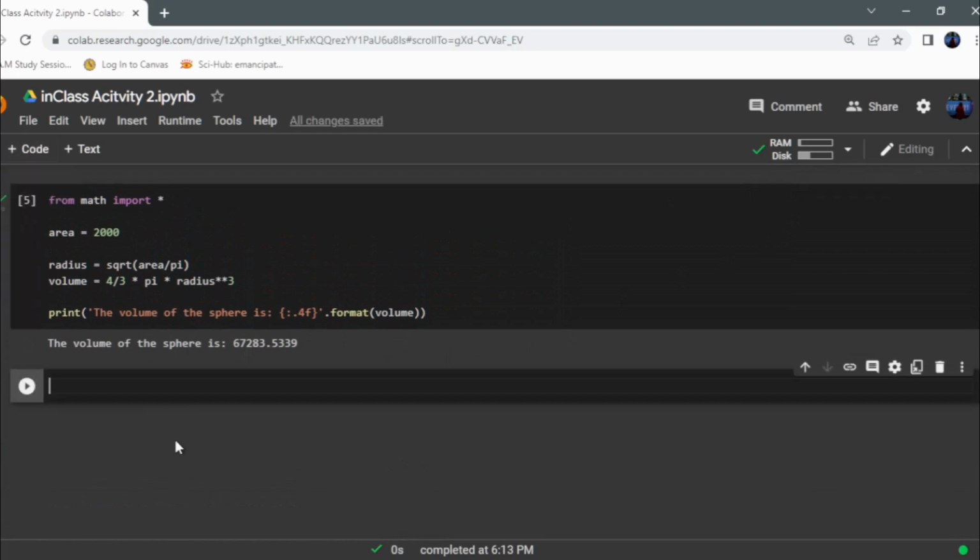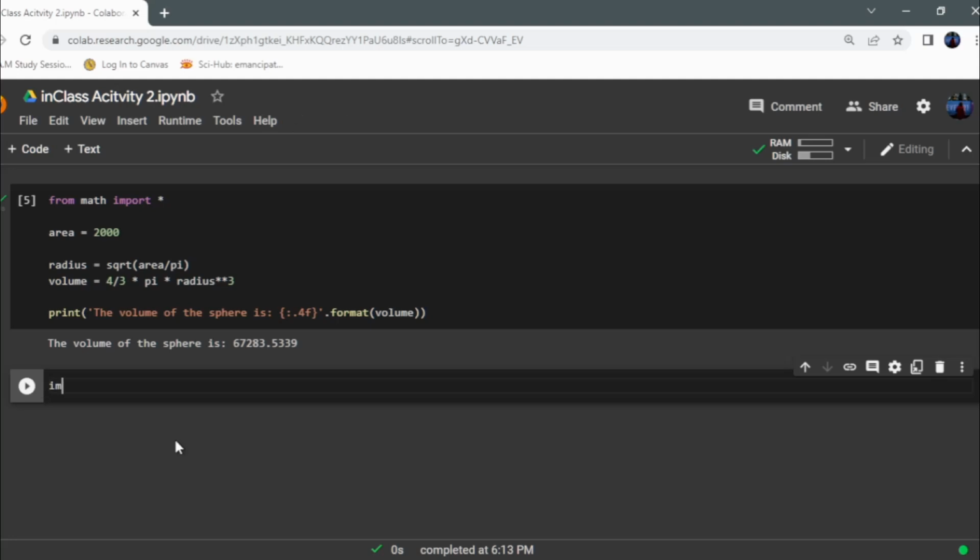Next is the volume of a right circular cone with a radius of 5 meters and height of 6 meters. So what we're going to do there is use the volume of the circular cone, which is volume equals pi r squared times the height divided by 3.